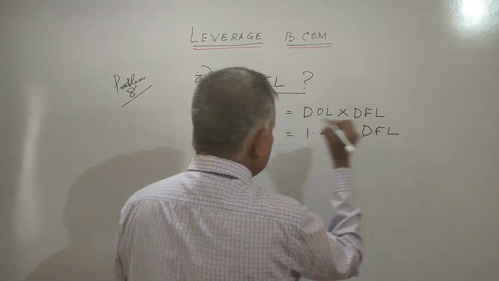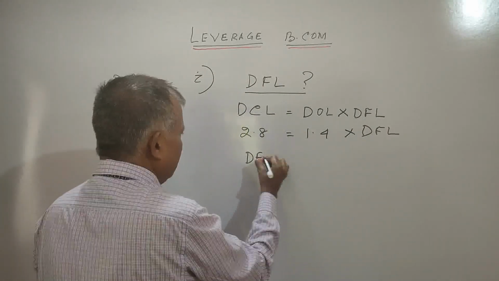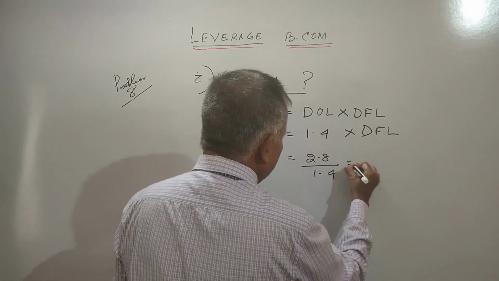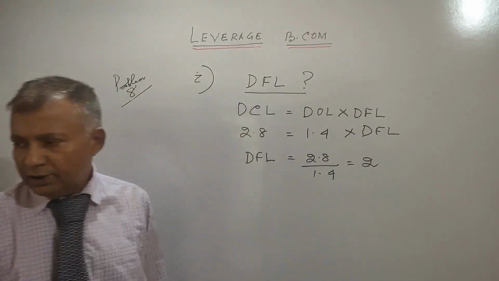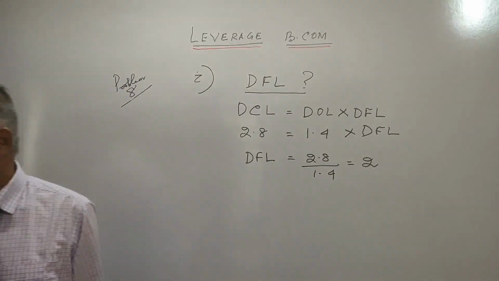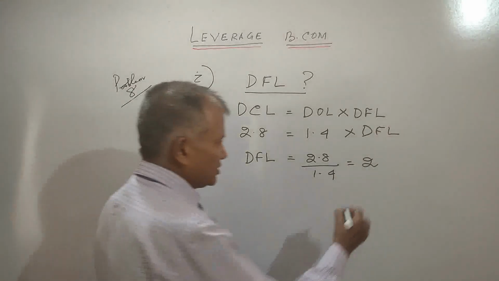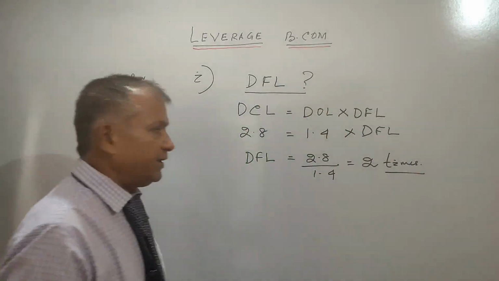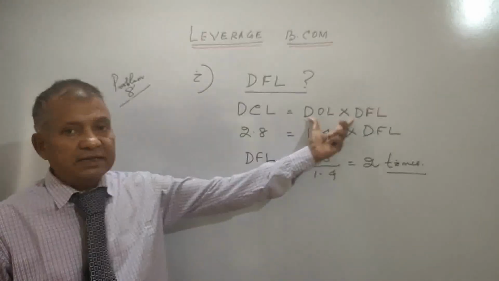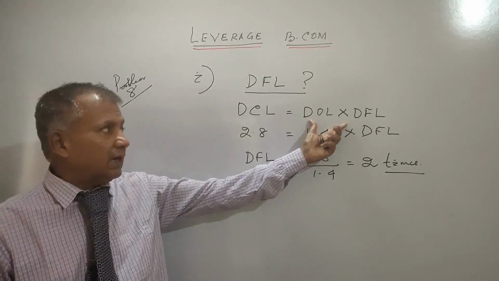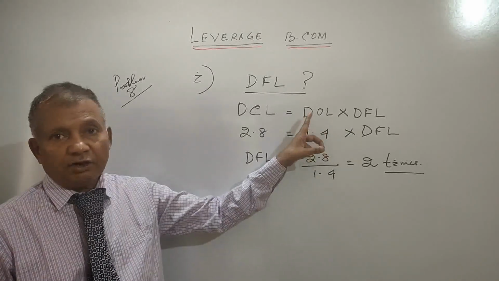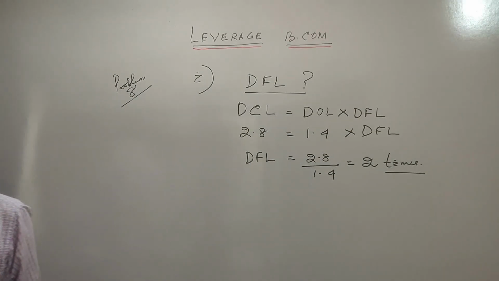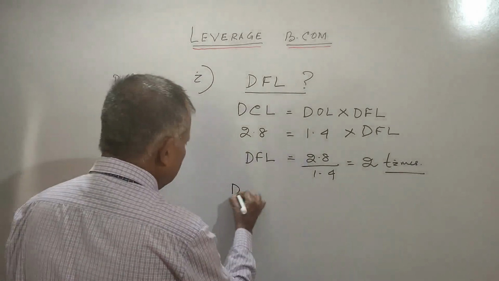So DFL is the balancing figure. DFL is equal to 2.8 by 1.4. This is your 2. So degree of financial leverage is equal to 2 times. In this way, you can easily find out DCL is the multiplication or the product of two leverage, operating leverage and financial leverage.